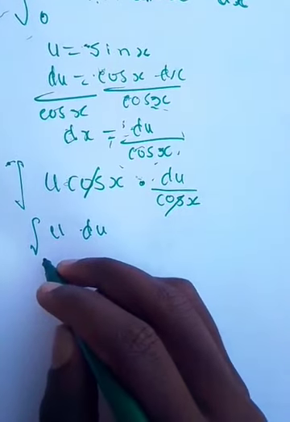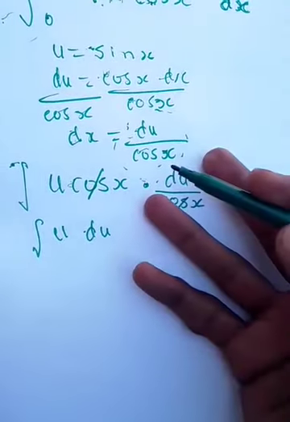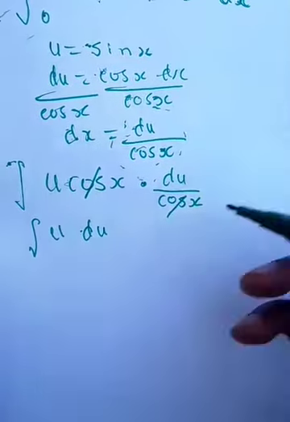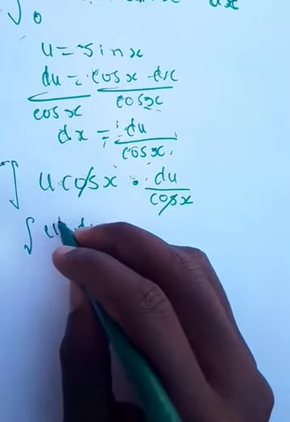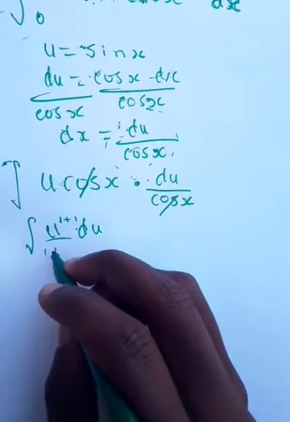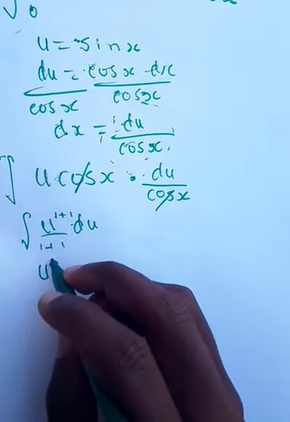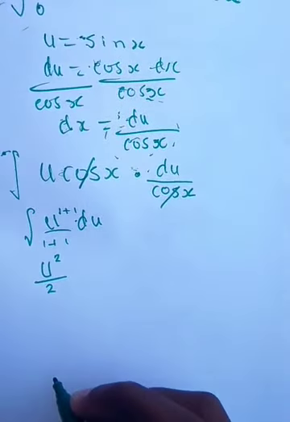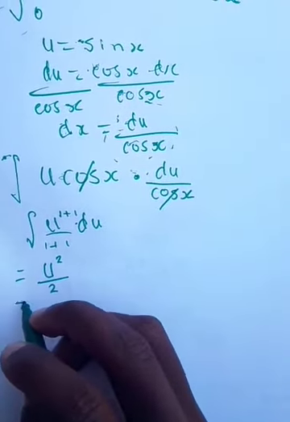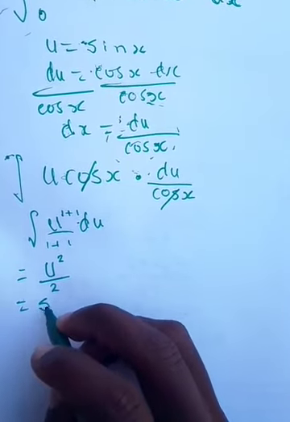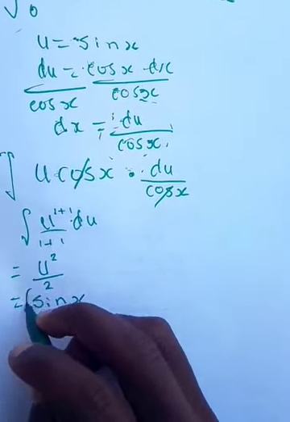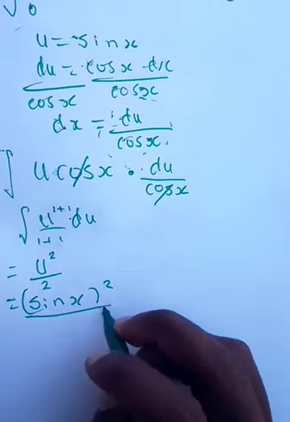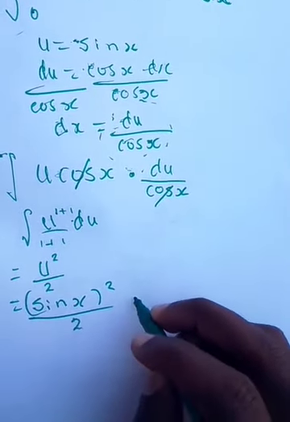So u is like I tell you to integrate x. How can you integrate x? We use that rule of 1 plus 1 over 1 plus 1, right? So we're going to end up with 2 over 2. Makes sense, right? So now, what is our u? Our u is simply sine x raised to the power of 2 over 2.